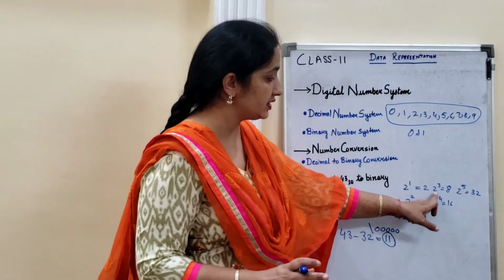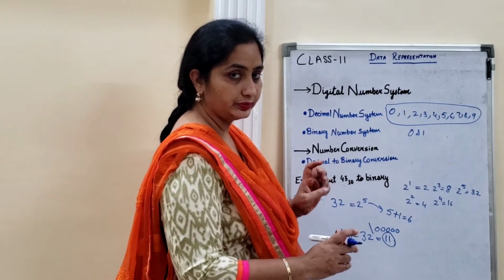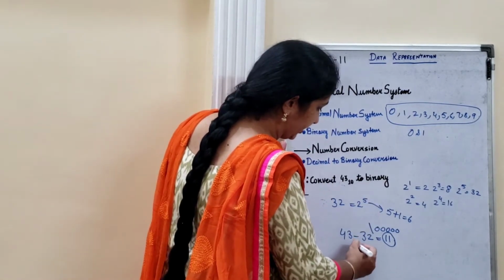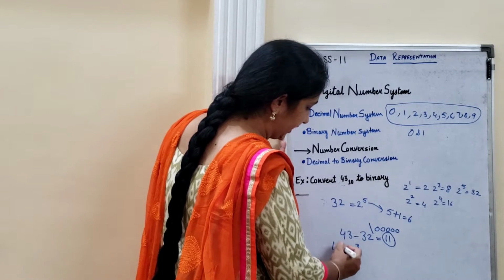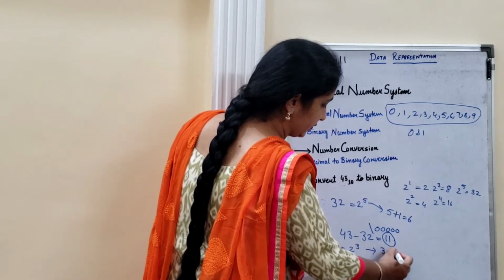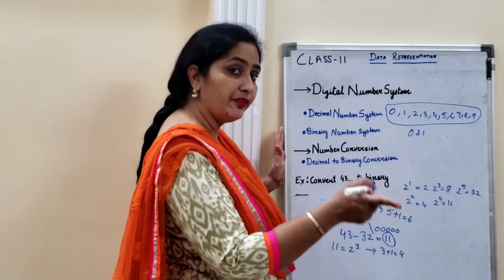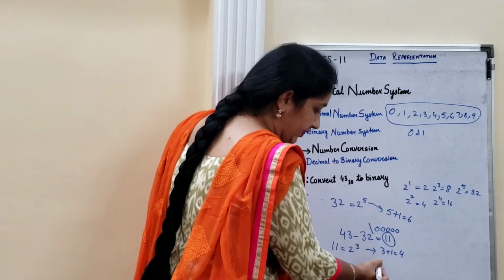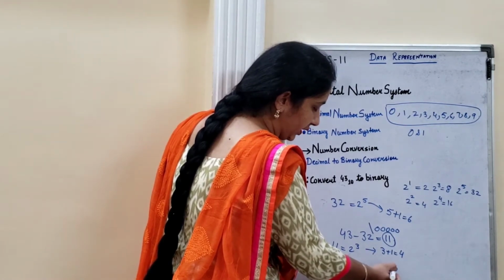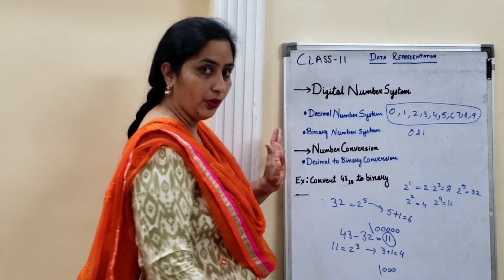So less than 11 is 2 raised to power 3. Then again 3 plus 1 equals 4, which means at my fourth place 1 will come, counting 1, 2, 3, and the fourth place will be 4.